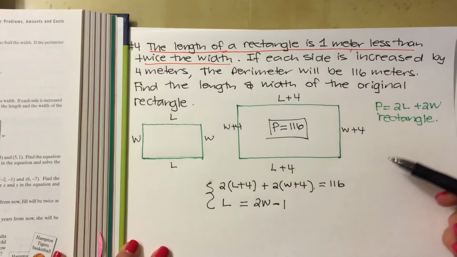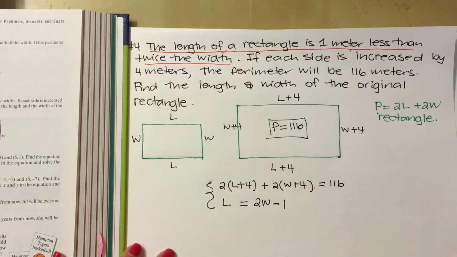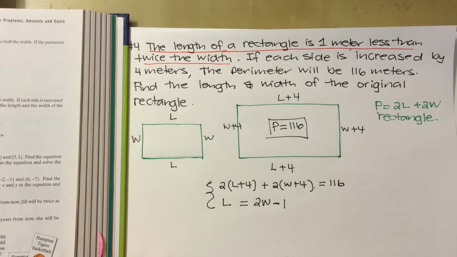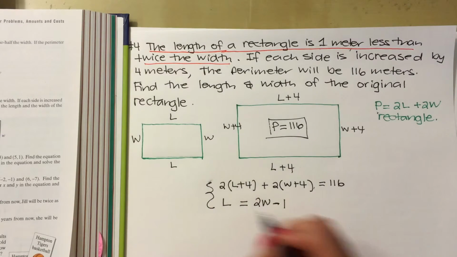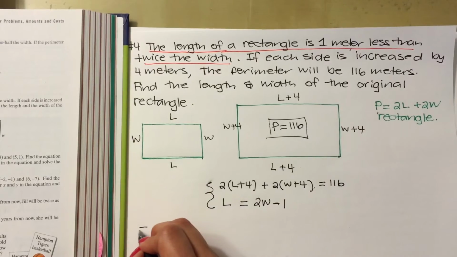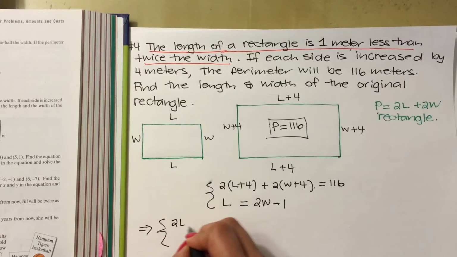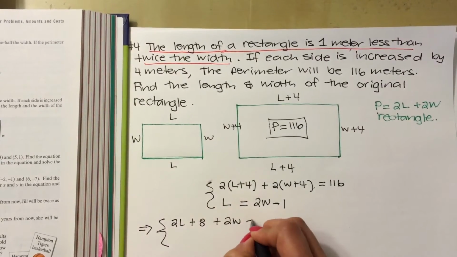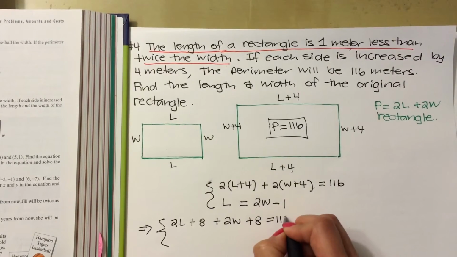Okay, so these two equations, slightly more complicated, have to do just a little bit more work. I need to distribute the 2 and the 2 here, and I kind of have to rewrite the first equation, and also the second equation maybe, depending on how we want to solve. So let's start with the first equation. 2L plus 8 plus 2W plus 8 is equal to 116.